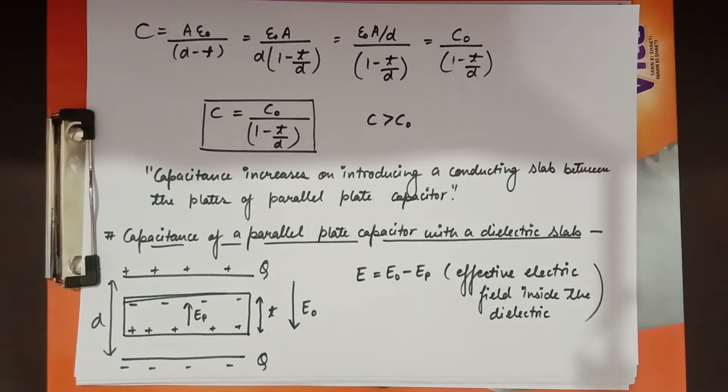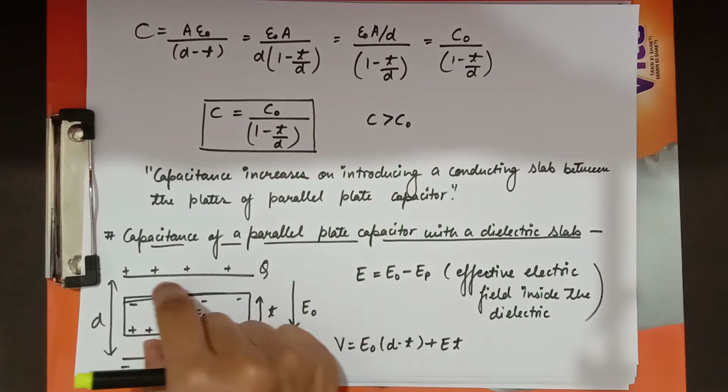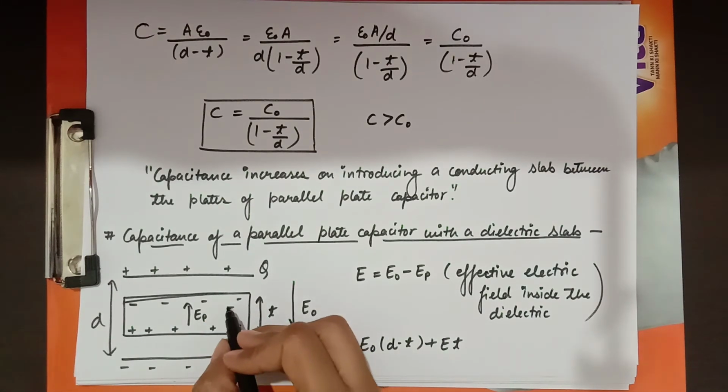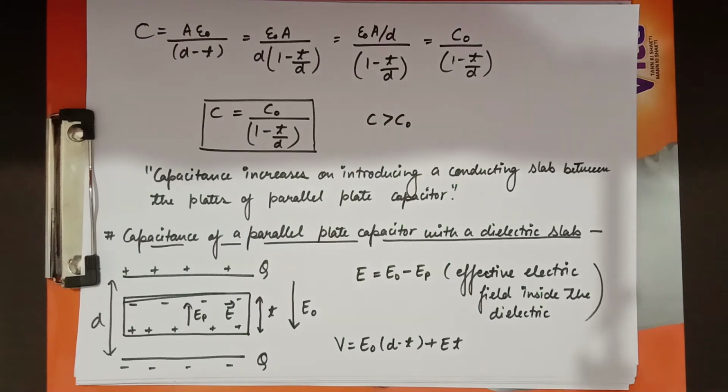So the potential difference between the two plates will be V is equal to E naught into (D minus T). In these two spaces, the distance is D minus T, so V will be equal to E naught (D minus T) plus E T, as E is the electric field inside the dielectric.